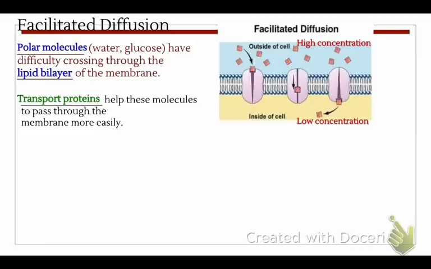It's still diffusion. So does this require any energy? Shake your head. No, it does not require any energy, okay? Since it's going from high to low, it's no energy required. Diffusion always means no energy required. So that's really important to note.